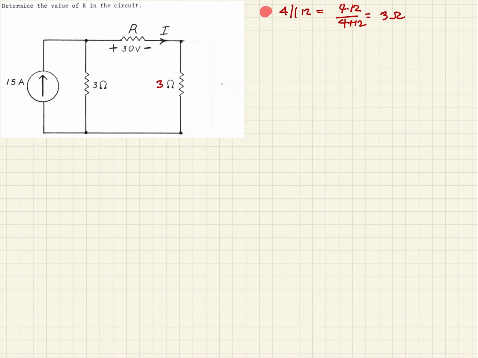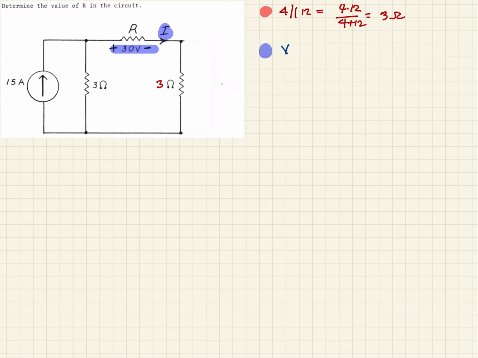we want to look at the fact that we have this current here defined as I, and we do know that we have a voltage drop here of 30 volts. So if we take that into account, we should be able to use Ohm's law then, right?